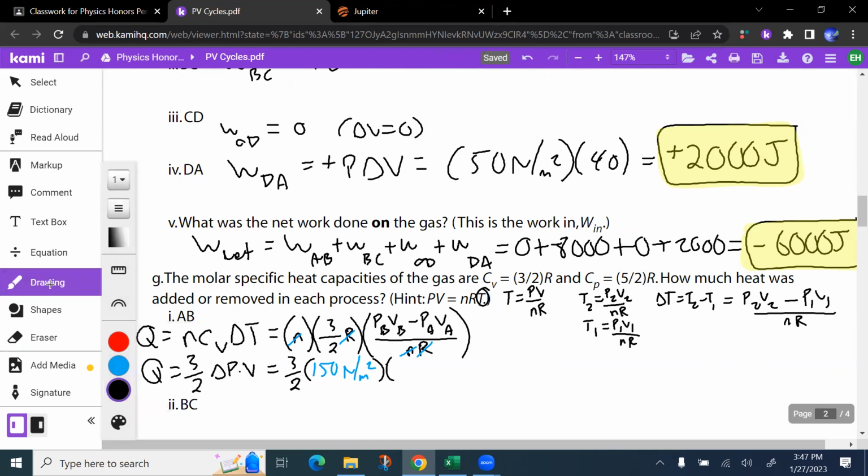The volume was at 20. If you multiply that out, half of 20 is 10. 150 times 3 would be 450, times 10 would be 4,500 joules of heat. It's positive, so heat has been added.